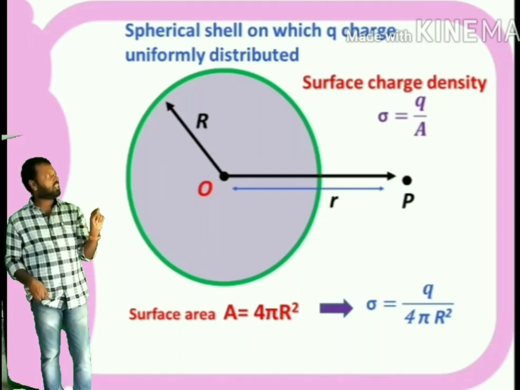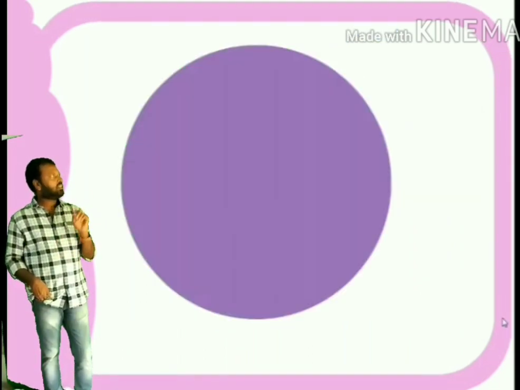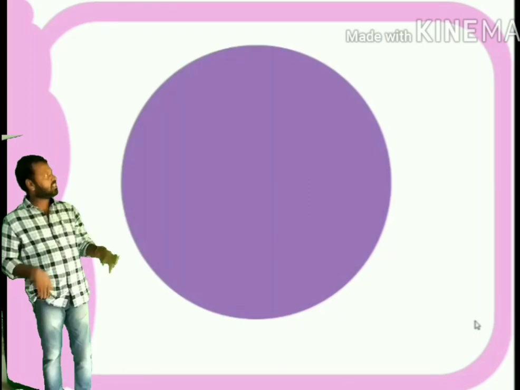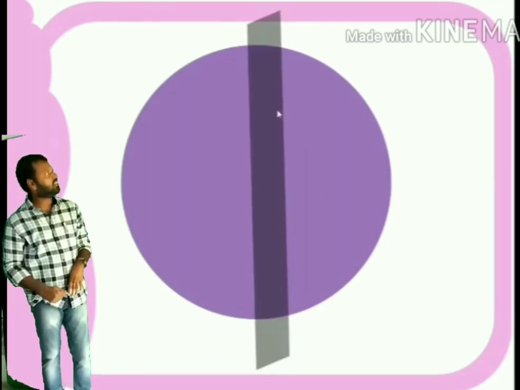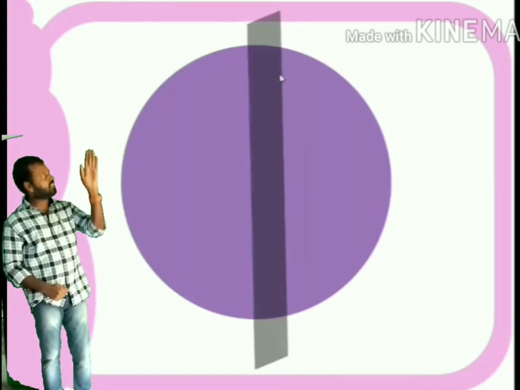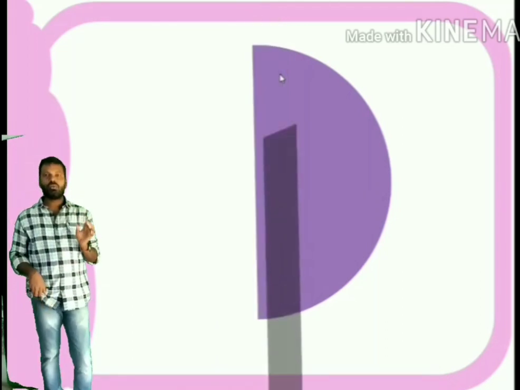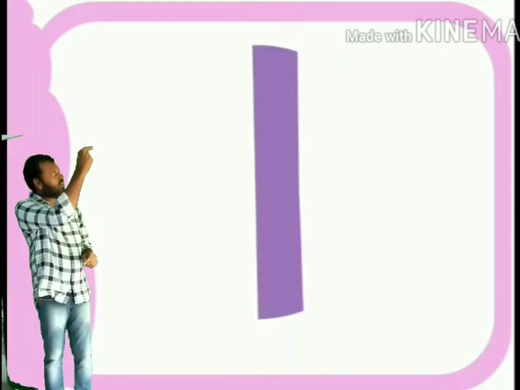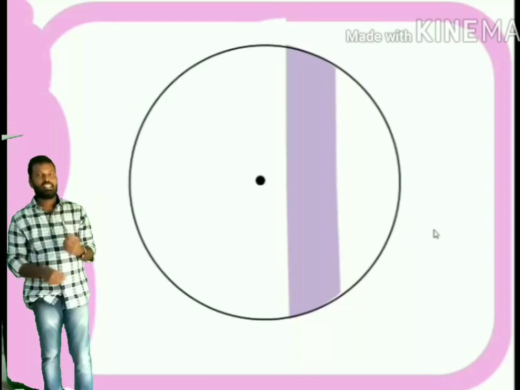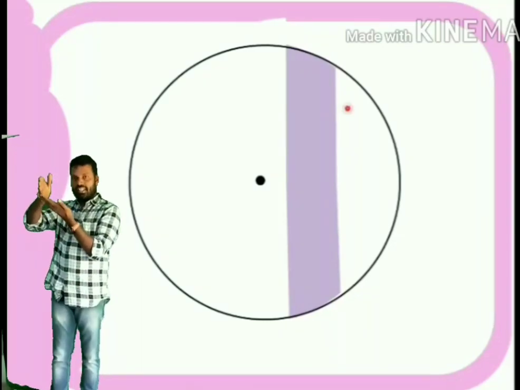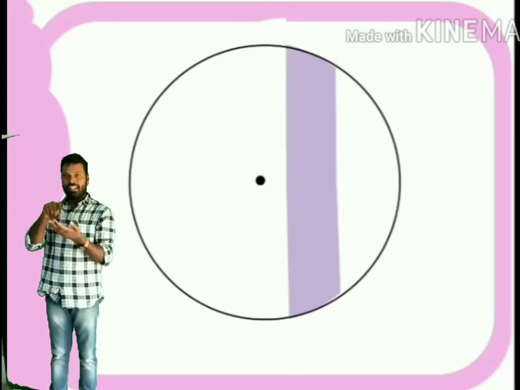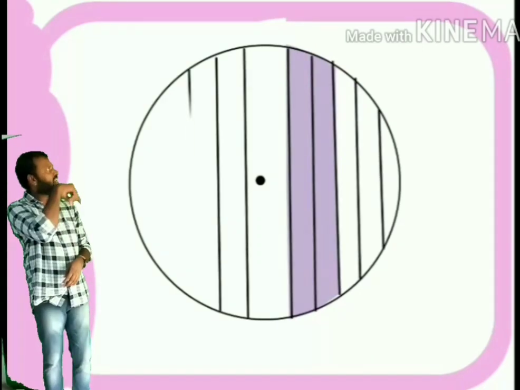To find out the electric potential, just cut this spherical shell into two parts like this. Now again cut it in this way. Now I will be left with a small ring, a small slice, like in vegetables if you cut onions into rings. If I cut the whole sphere like this, then I will get slices like this.